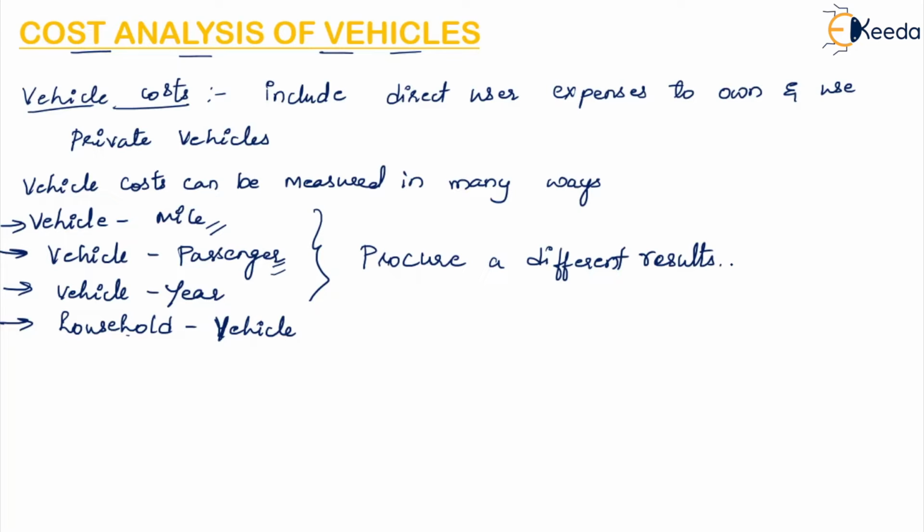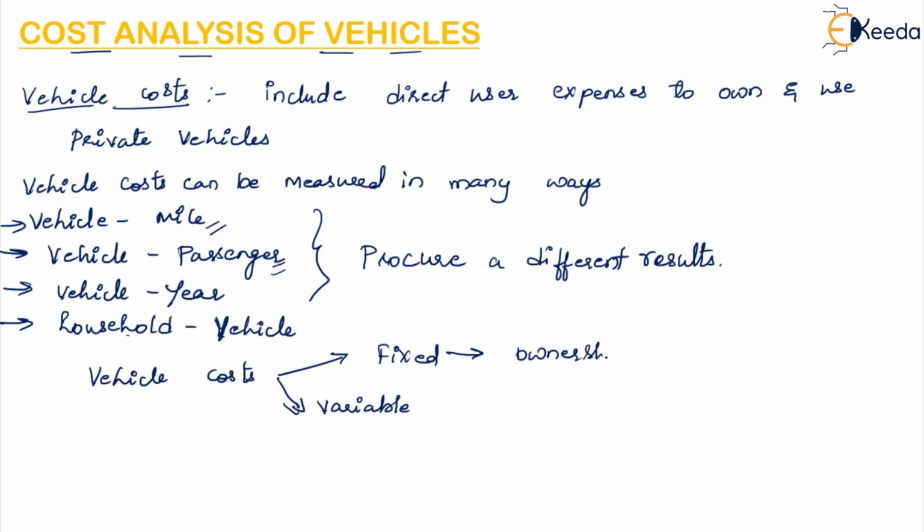So vehicle cost is divided into fixed cost and variable cost. So vehicle costs are divided as fixed and variable. So in fixed cost, it is also called as ownership or time based cost.